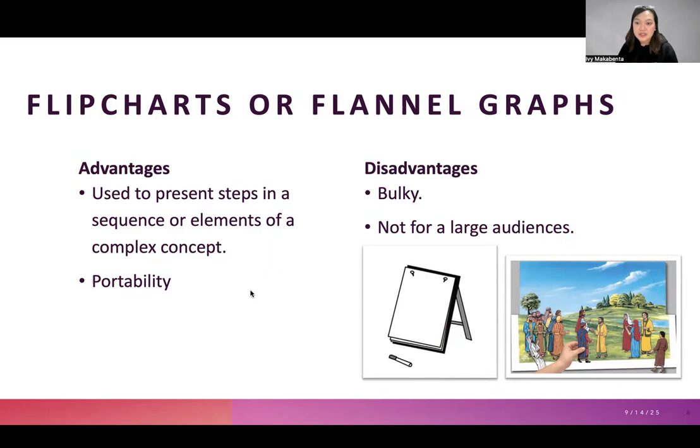So these are used to present steps in a sequence or elements of a complex concept. They are also portable, meaning they can be moved easily and used in various locations. However, the main drawback is that they can be bulky to transport and not suitable for large audiences, as individuals in the back may not see the display clearly.